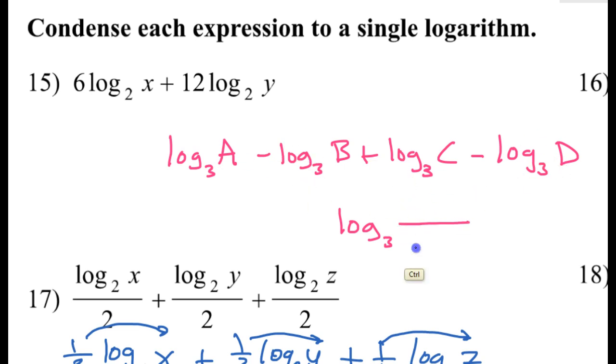All of the negative terms will end up in the denominator. Since the A term is positive, it ends up in the numerator. The B term here is negative, so it's going to end up in the denominator. The C term is positive, numerator. The D term is negative, denominator.